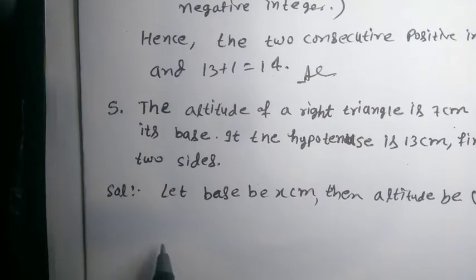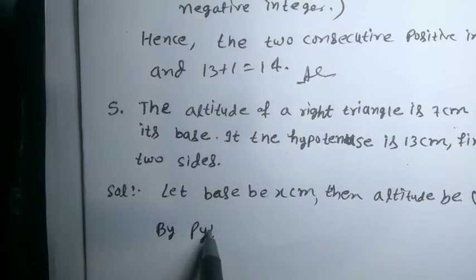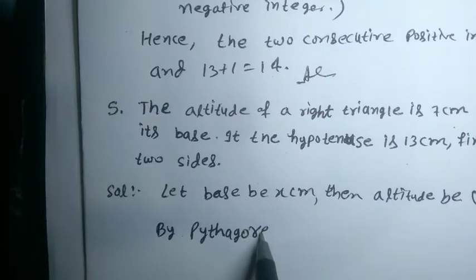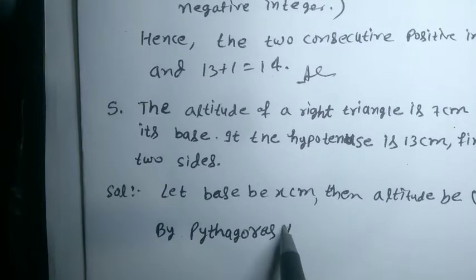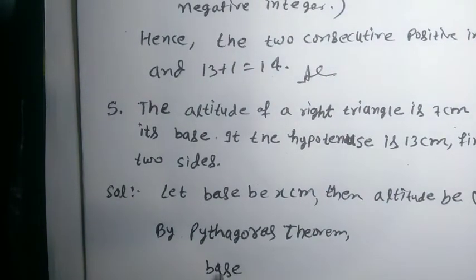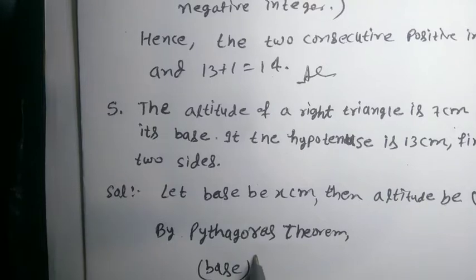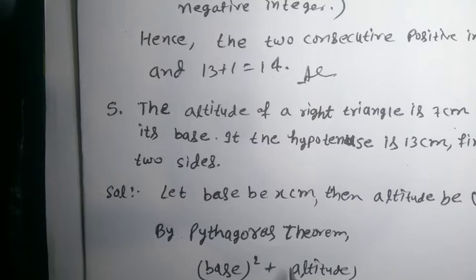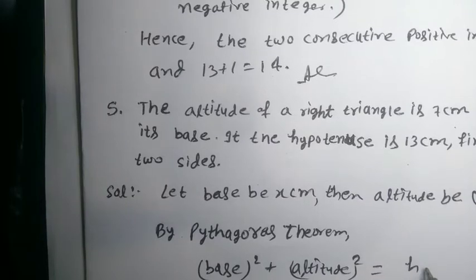So we write here, by Pythagoras theorem, base square plus altitude square is equal to hypotenuse square.